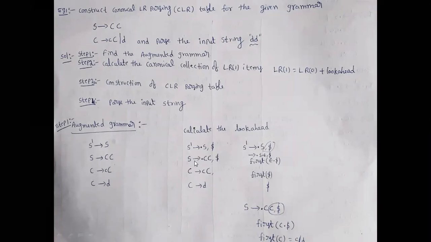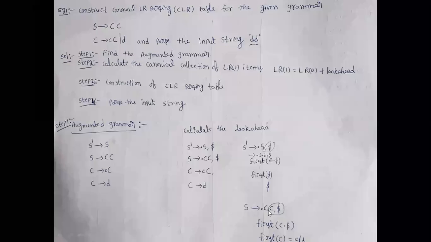So considering this one, since we are finding the look ahead for this, we take the previous production. So here S is production of dot C, capital C, dollar, comma, dollar. So taking this production, after the dot we have a non-terminal capital C, then we add the productions of these two. After the dot C, we added the productions. What comes after that? C comma dollar. So after this non-terminal C we have another non-terminal capital C comma dollar.